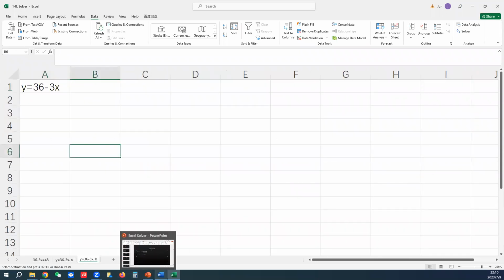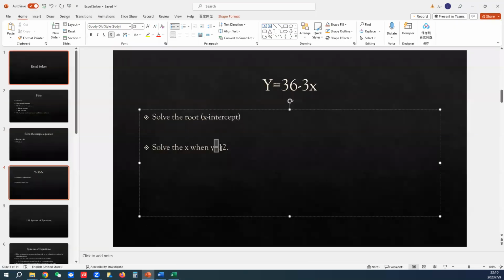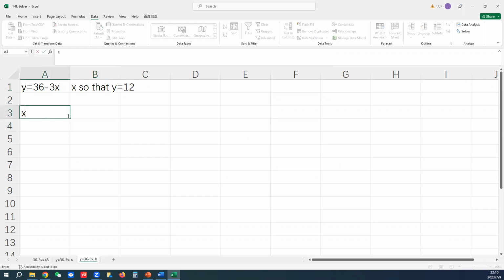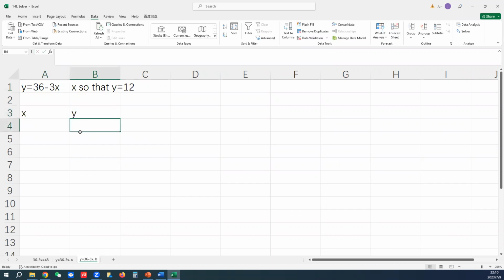The second one asks: when y equals 12, what's the result? We have to solve for x so that y equals 12. So we are to solve for x so that y equals 12.